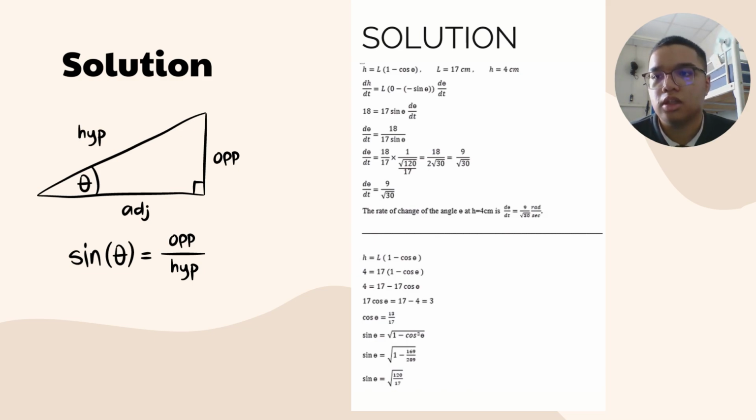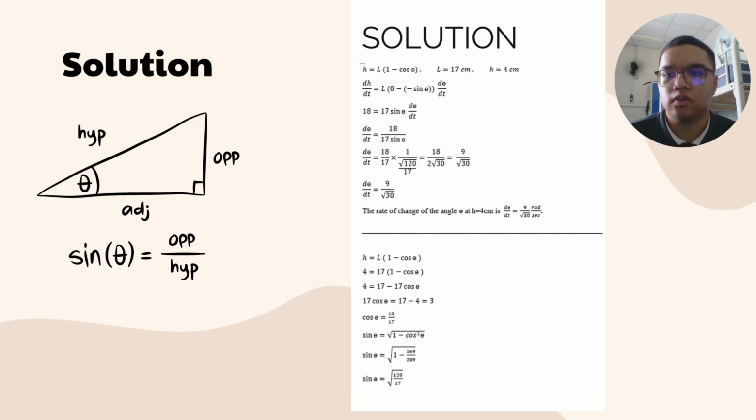Then d theta per dt is equal to 18 per 17 times 1 per square root 120 per 17, which equals 18 per 2 square root 30, and lastly equals 9 over square root 30. So d theta per dt is 9 per square root 30.